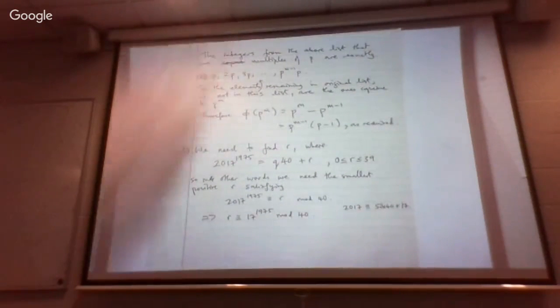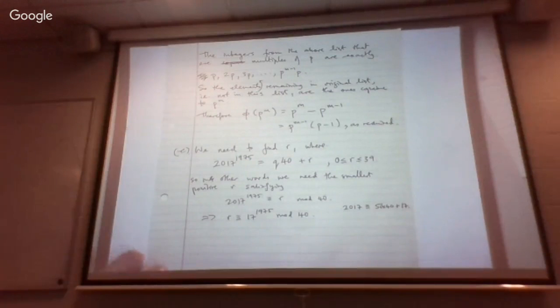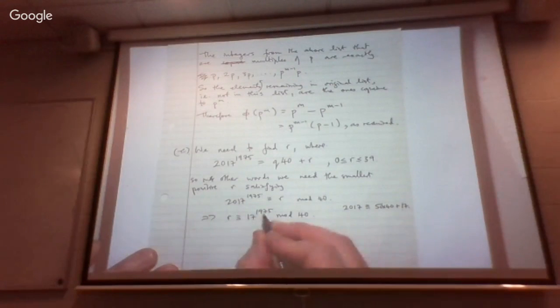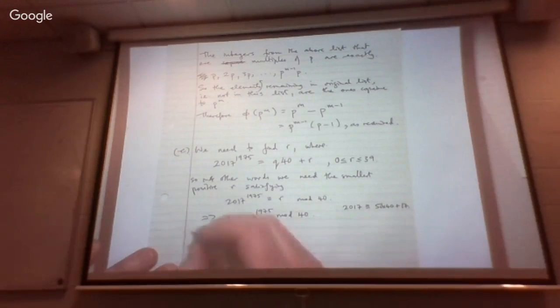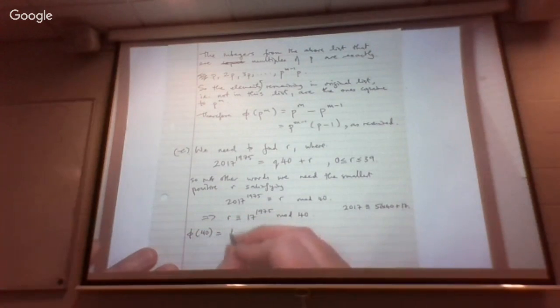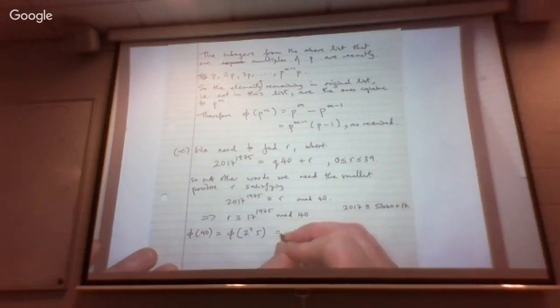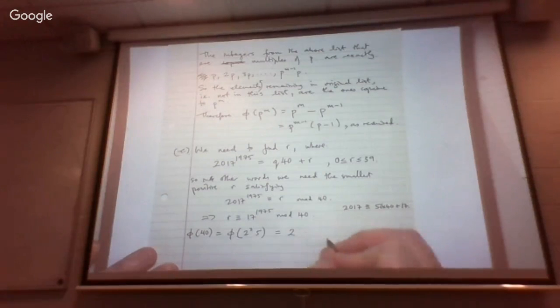In order to simplify the exponents, we need phi of 40. The prime factorization of 40 is 2 cubed times 5. So the phi value is reduced the power of 2 by 1, you get an extra factor of 2 minus 1, which is 1, for the 2s, and you get an extra factor of 5 minus 1, which is 4.